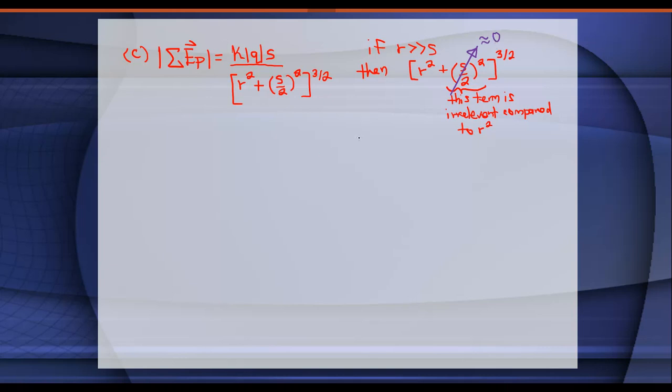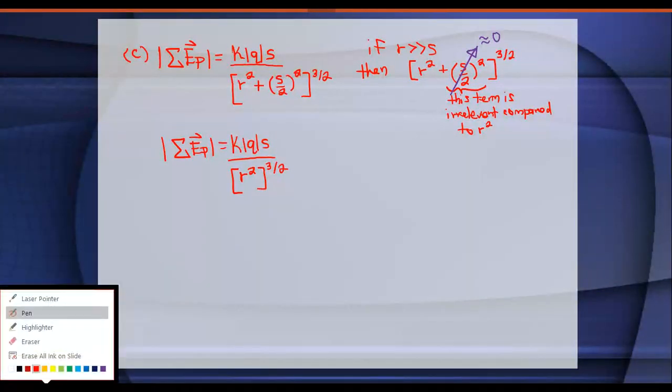So what we can do now in this expression is simply get rid of the S over 2 term. So the net electric field at point P would be equal to KQ times S divided by R squared raised to the power of 3 over 2. And then things nicely simplify.